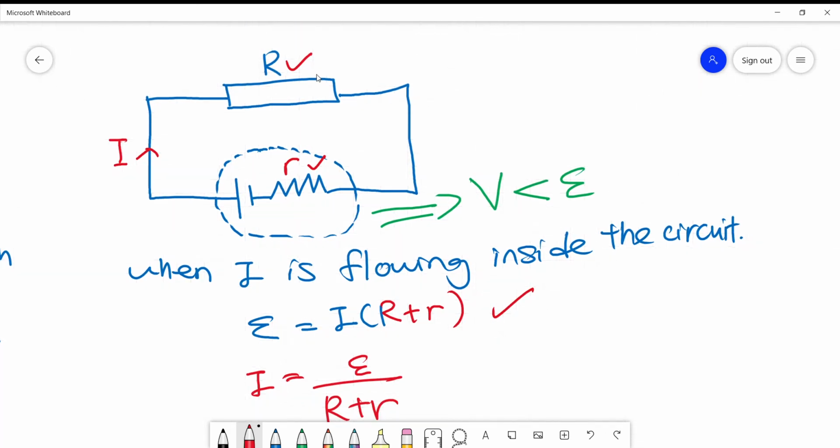So in this circuit, since the electric field is shared only for the one resistor, since we have only one resistor here, hence this is actually our total resistor.